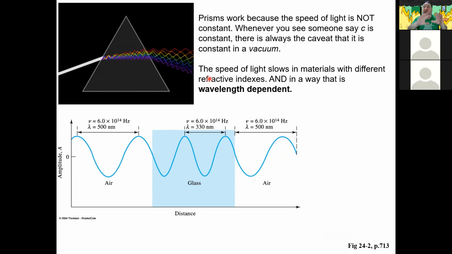Again, vast oversimplification, but if you imagine here is my media, and it's got atoms in it with electrons. My blue light, which is oscillating faster, is going to have a higher chance of running into a stray electron on one of my pieces of matter than my red light, which is taking its time. So red light, long wavelength light, is always less susceptible to bending because it is less affected by the refractive index changes.